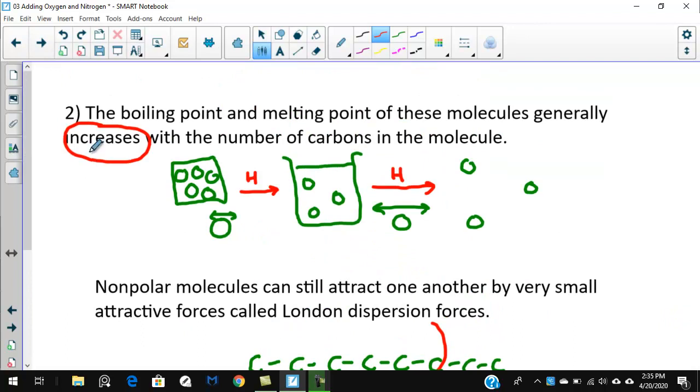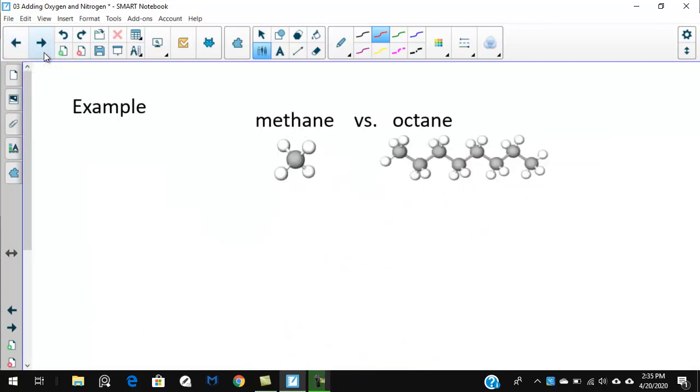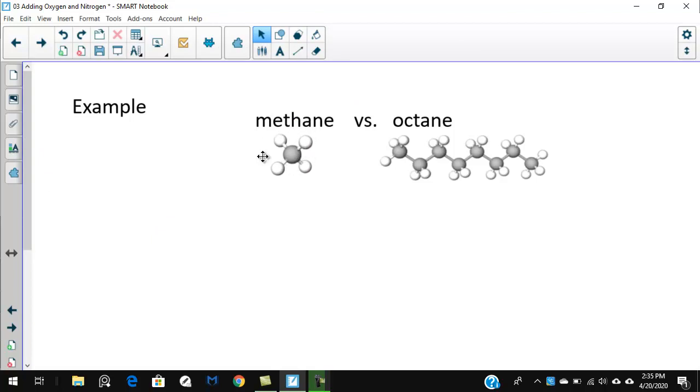Okay, so those are a couple of things about alkenes, alkanes, and alkynes. Let's take a look at an example here. For instance, if I had this molecule of methane, which is one carbon with 4 hydrogens, or octane, 8 carbons with 18 hydrogens, let's go through all the properties.